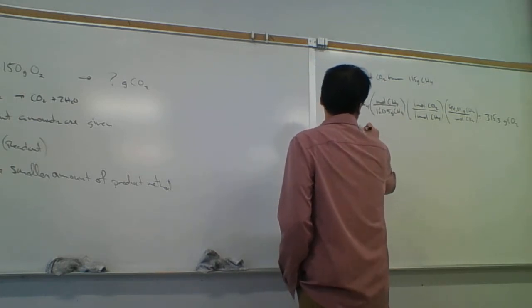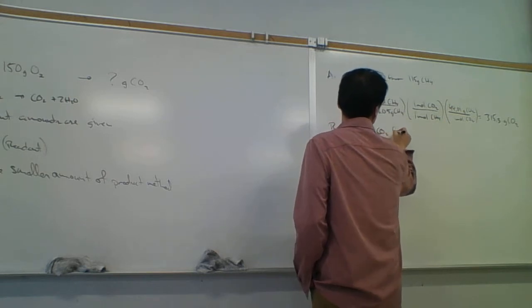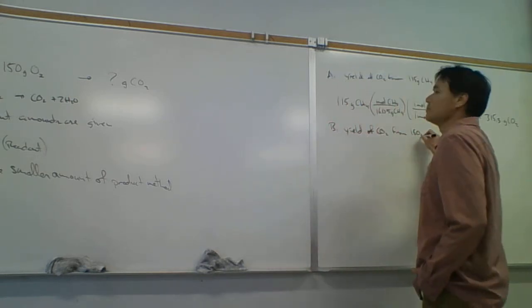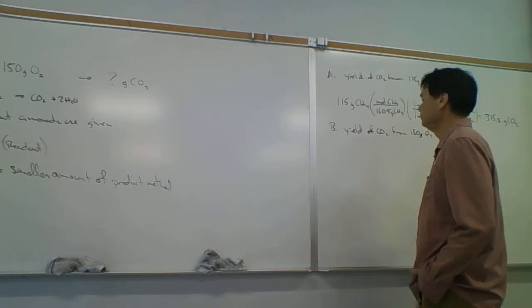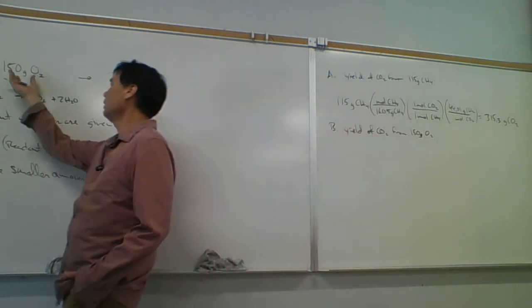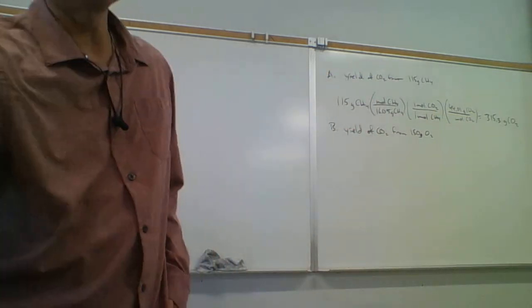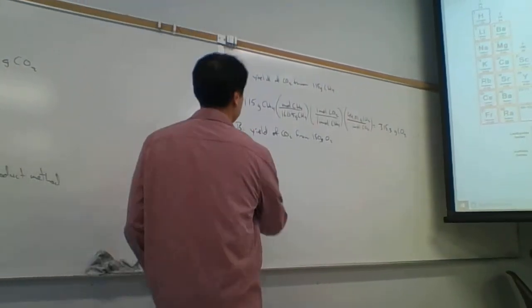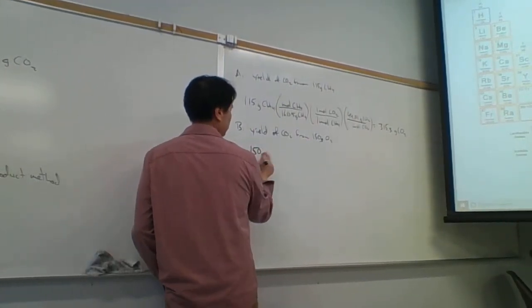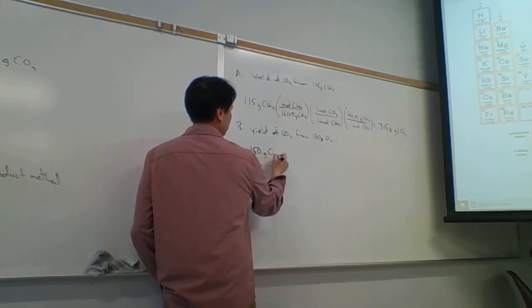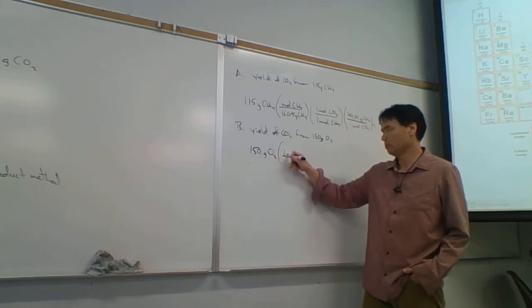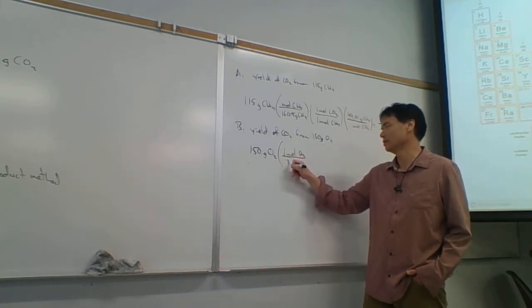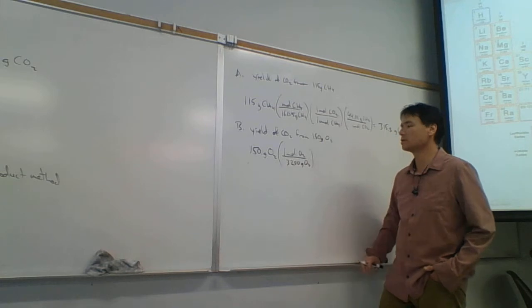Okay, part B, what we're going to do is calculate the yield of CO2 from 150 grams of O2. If I use up all of my oxygen, how much CO2 should form? So we'll go with 150, I'm going to call it 3 sig figs here, 150 grams of O2. We go grams to moles. 1 mole of O2 weighs 32.00 grams, each oxygen being 16.